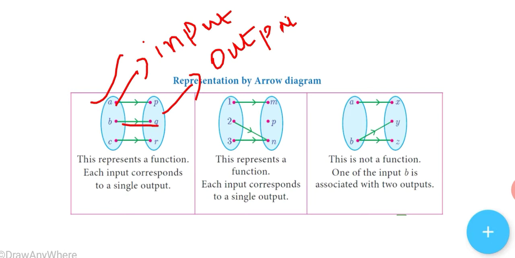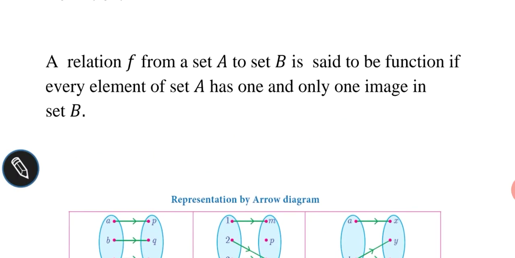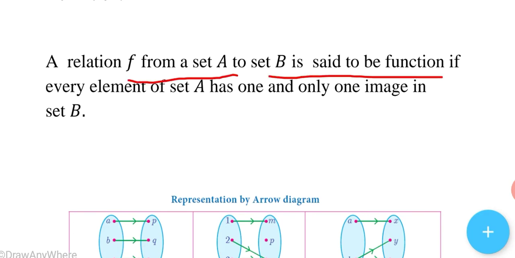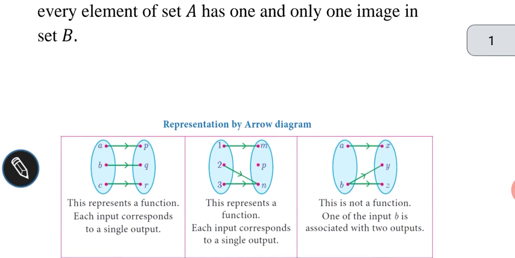Okay, so from this diagram we can conclude that it represents a function. Each input corresponds to a single output. Okay, because the definition says that a relation F from set A to set B is said to be a function if every element of set A has one and only one image in set B. Okay, so in the first diagram each input corresponds to a single output.